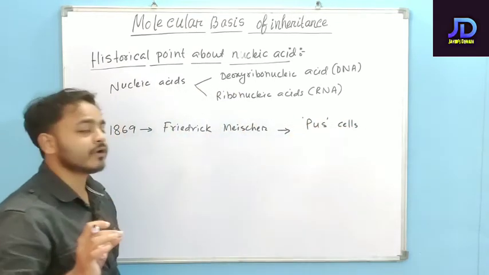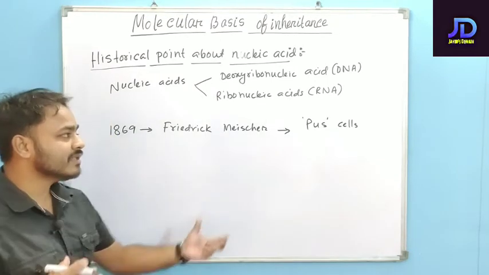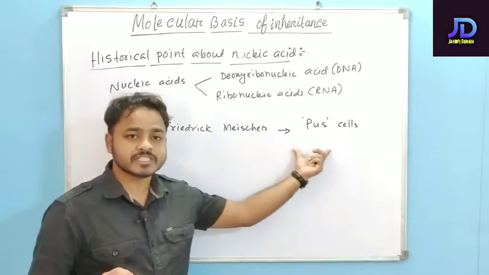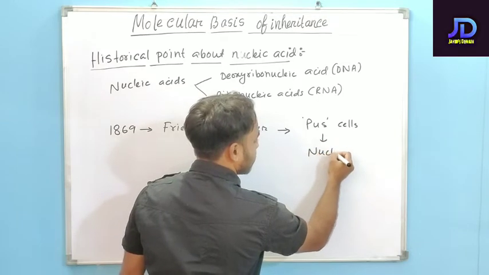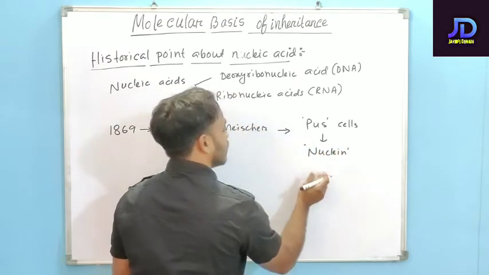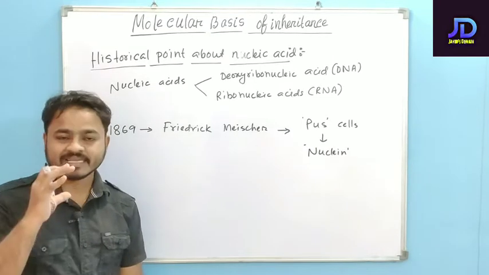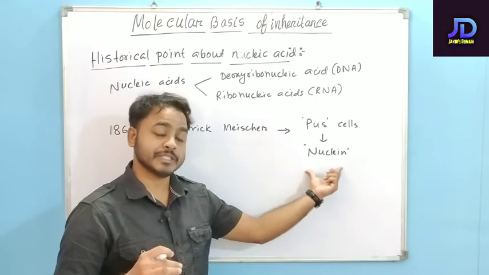But he did not name it as nucleic acids. What he called these acidic substances which he found in the pus cells was nuclein.